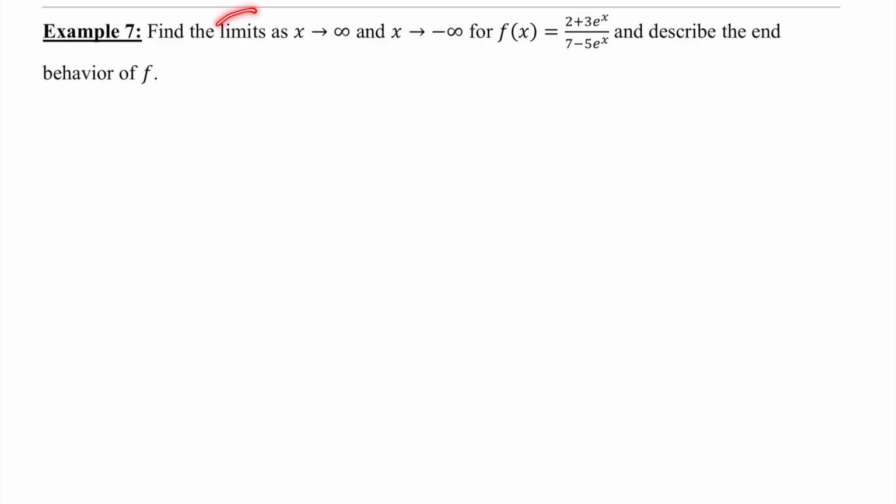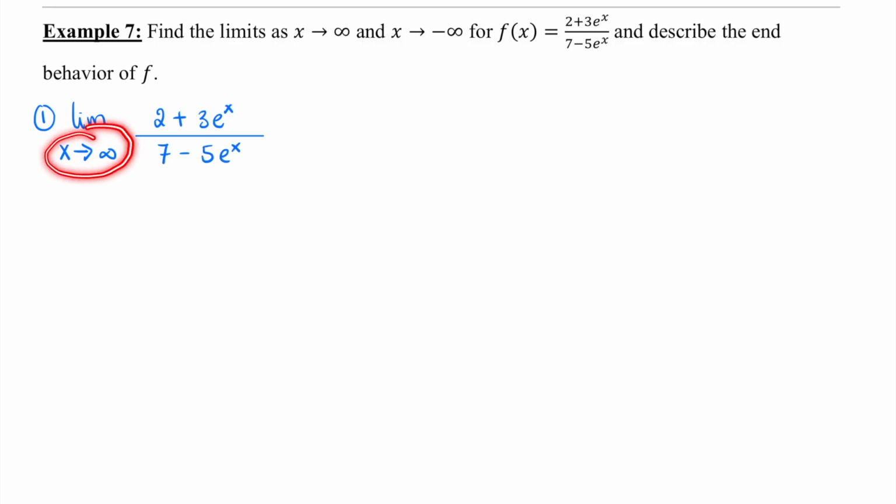Let's start with the limit as x approaches infinity. As x approaches infinity, e to the x approaches infinity. So the numerator approaches infinity, and the denominator also approaches infinity.